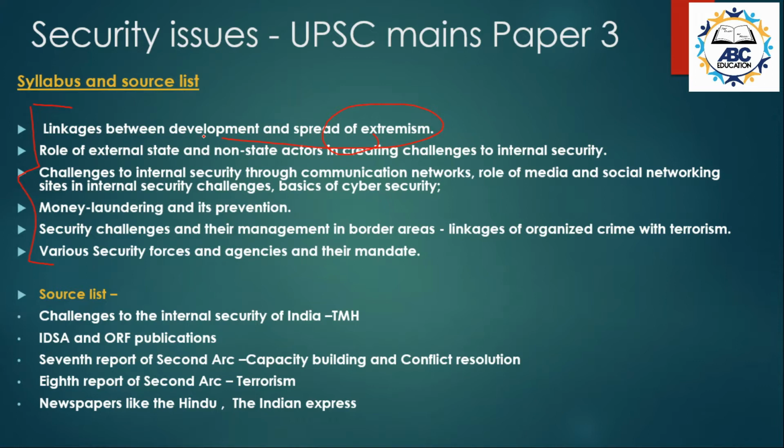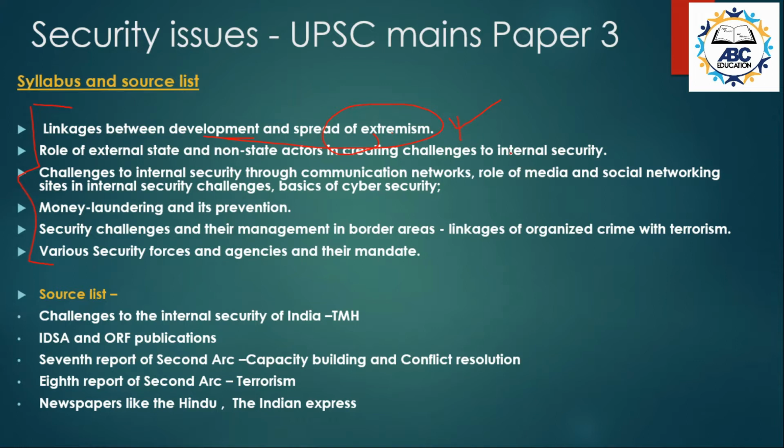That is, linkages between development and spread of extremism and Naxalism. You must have heard, if not of extremism, then of the problem of Naxalism, which is prevalent in many states of India, like Andhra Pradesh, Bihar, Jharkhand, even in some pockets of Madhya Pradesh and Punjab. So the first topic that we will take up is this.